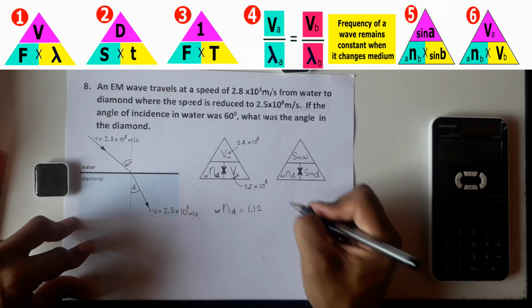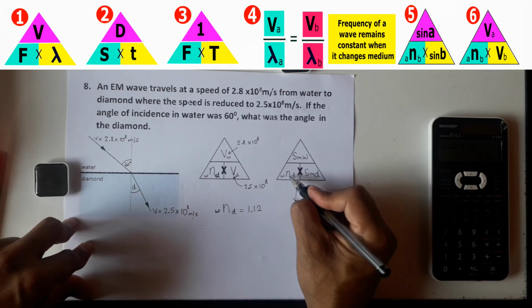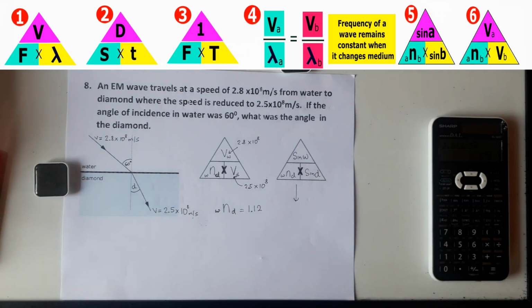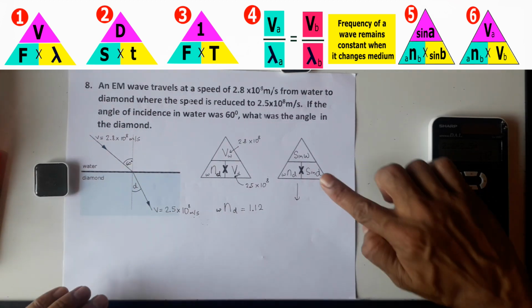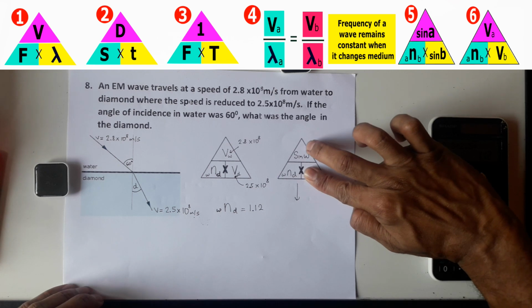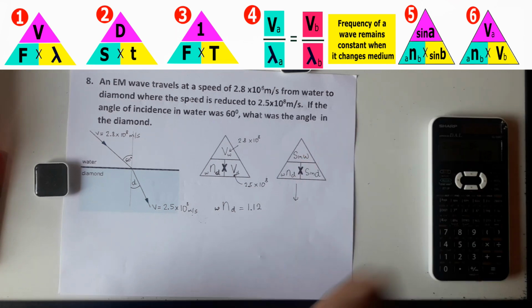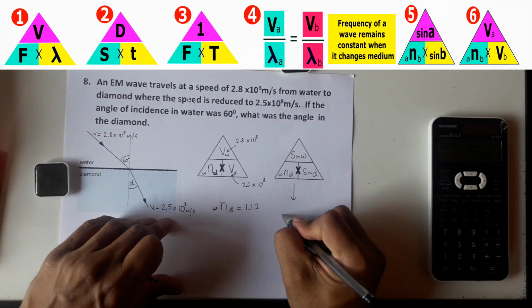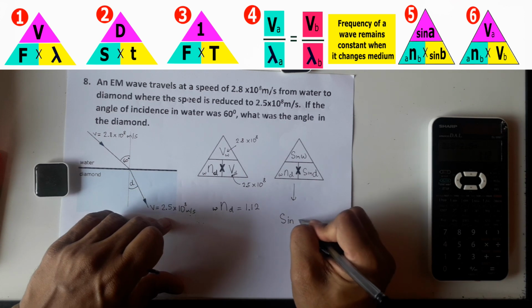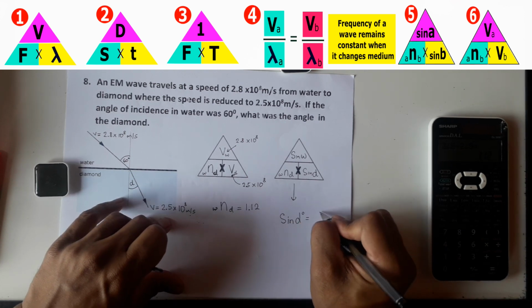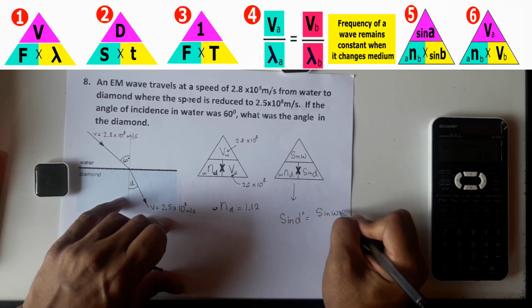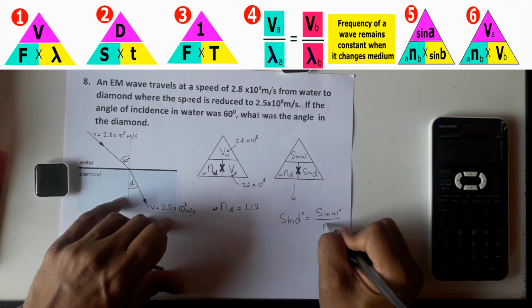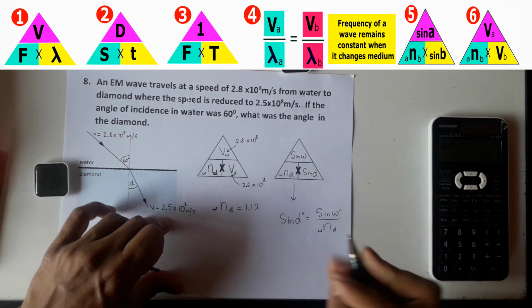Let's plug in whatever values we have. If we are trying to find the angle in diamond, we just take sine W divided by the refractive index. Sine of the angle in diamond is equal to sine of the angle in water divided by the refractive index.